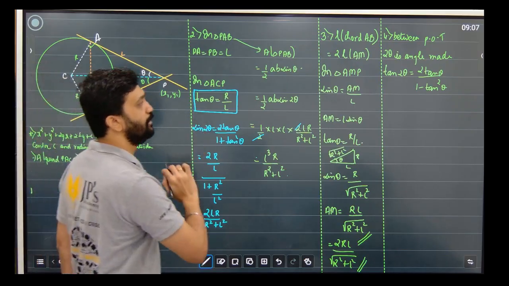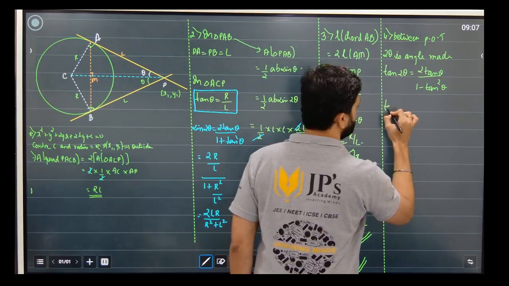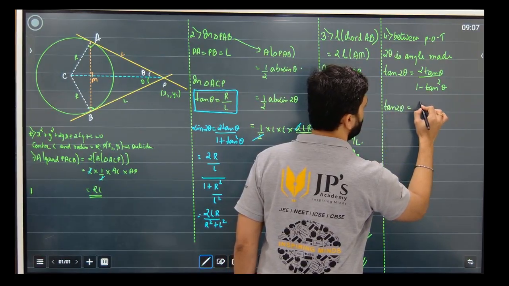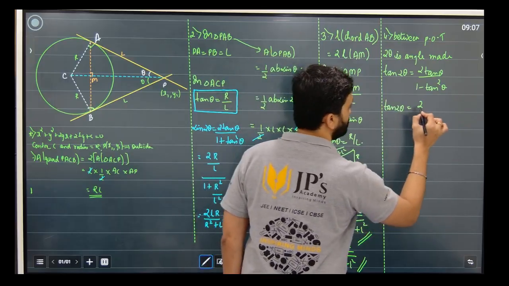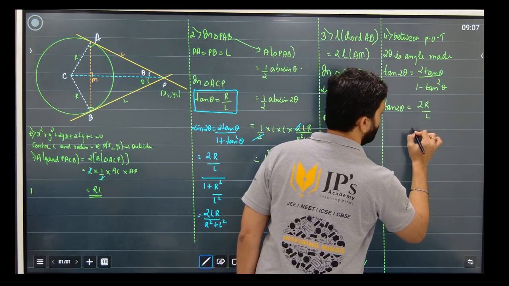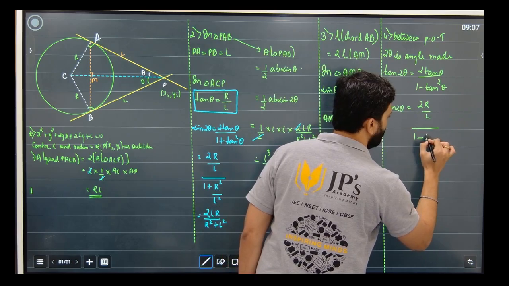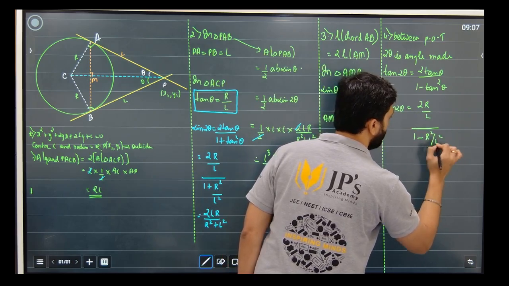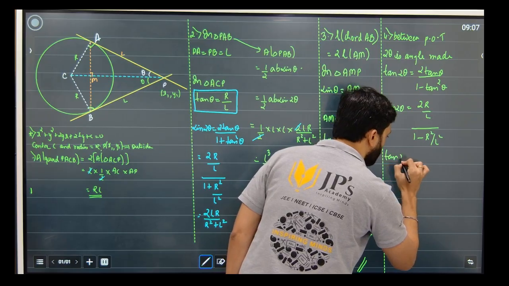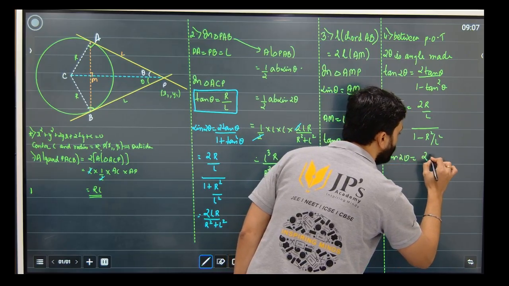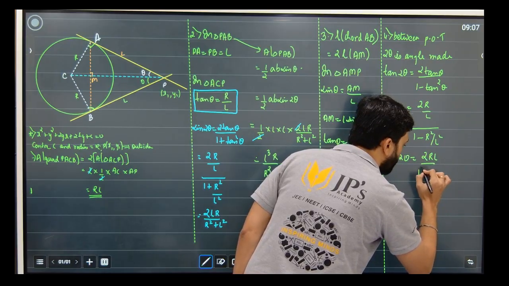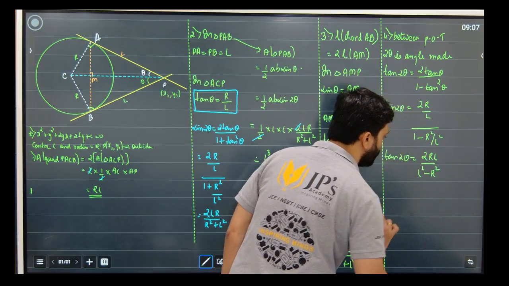Now I have the value of tan theta. So tan 2 theta will become 2R upon L upon 1 minus R square by L square. Therefore tan 2 theta will become 2RL upon L square minus R square.